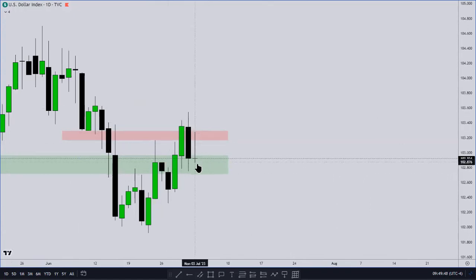And we're back inside the range again. We have this bullish order block here. I'm watching the open of it and the high of it. These are the two levels that I'm watching of this bullish order block.